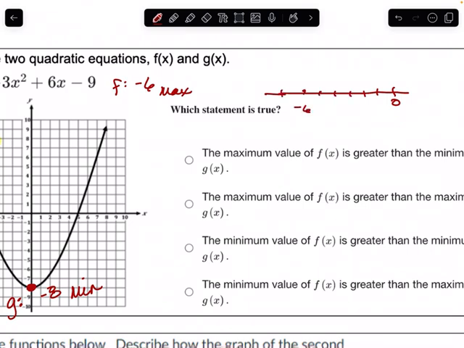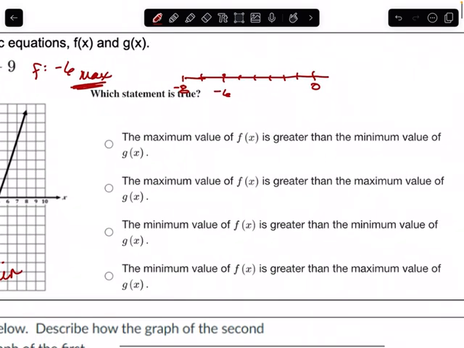This would be -8. So -6 is further to the right. It's larger. So F's max is larger than G's min. F's max is larger than the minimum of G. And that is why A is the answer to that one.